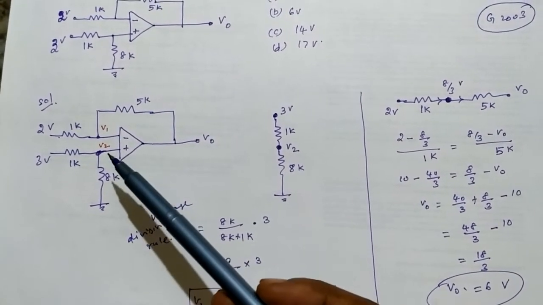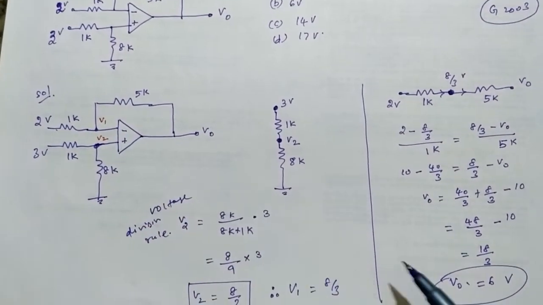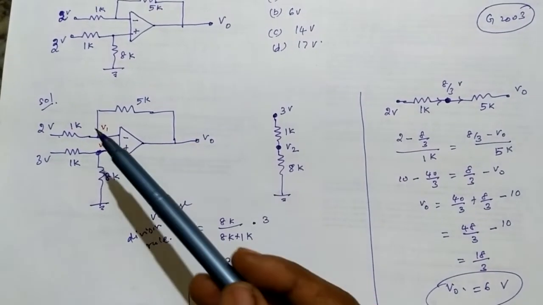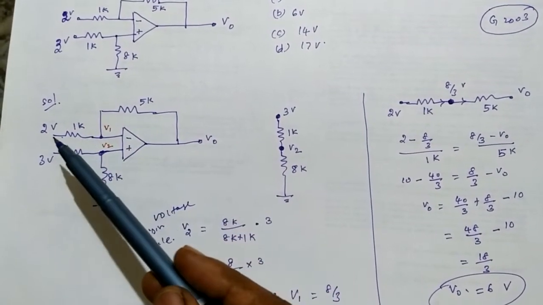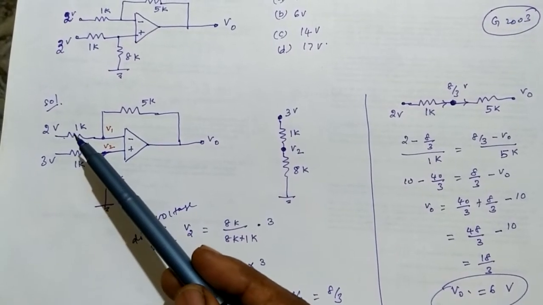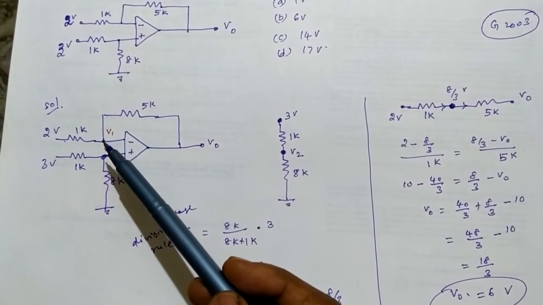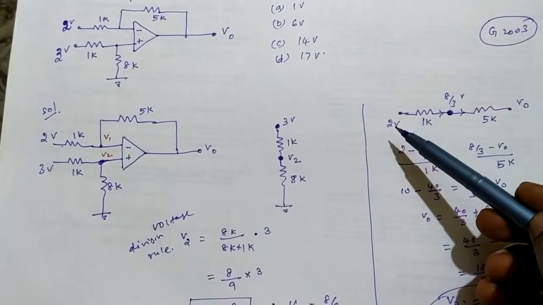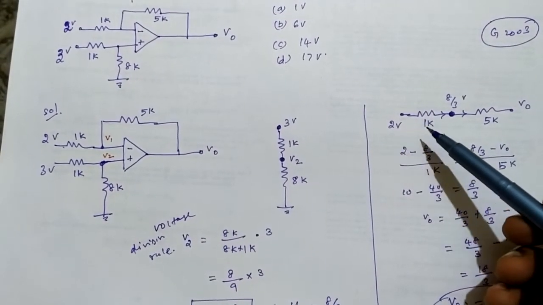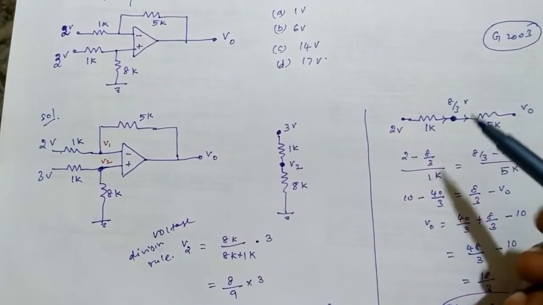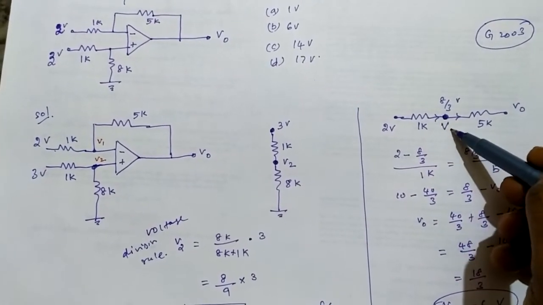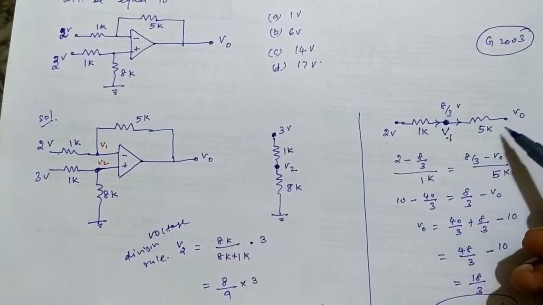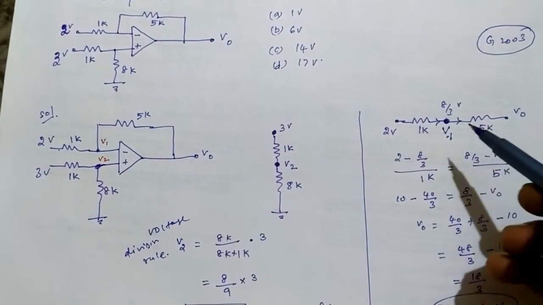For an ideal amplifier, V2 is equal to V1. Therefore V1 is 8 by 3. Again come to this arrangement. Here we have the 2 volt supply followed by 1 kilo ohm followed by V1. In between V1 and V0 we have a 5 kilo ohm resistor.